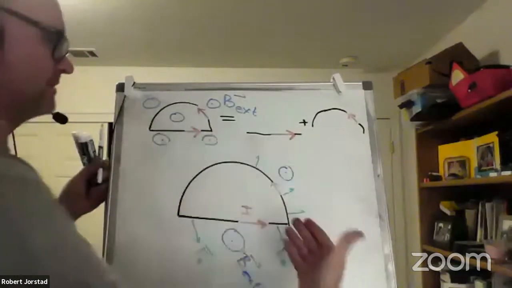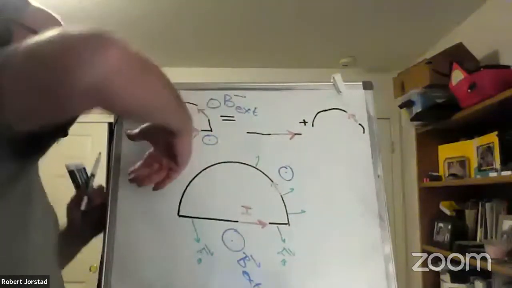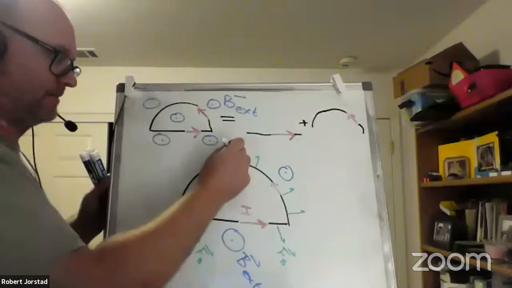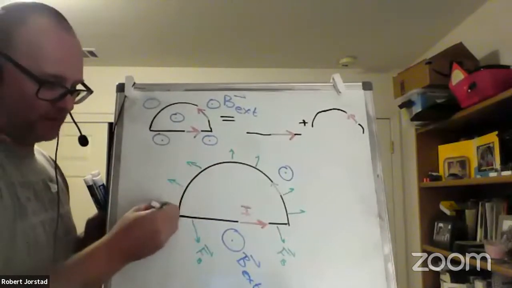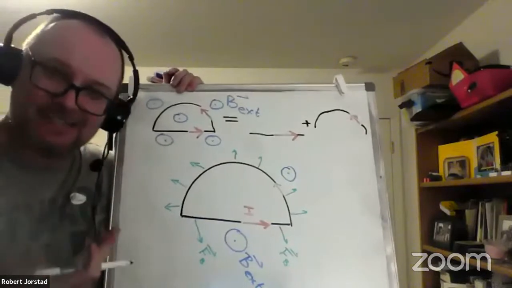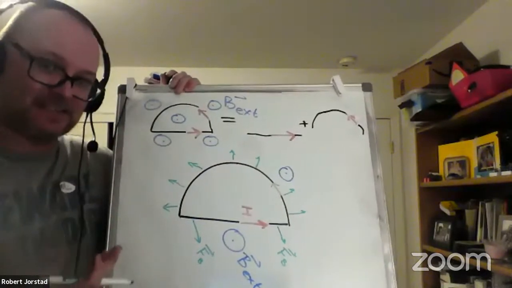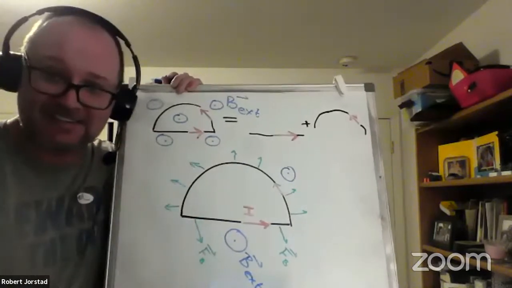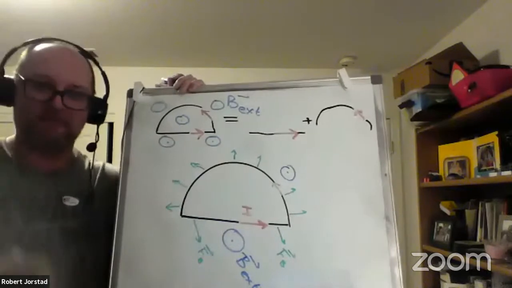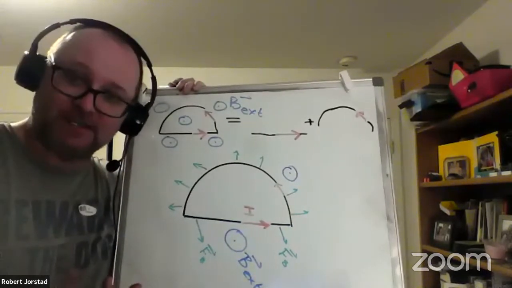Hopefully I did that right. And what we see here is this loop has no net force, but it is under tension. So in this case, the magnetic force would try to make the loop grow in size. Isn't that weird? This would not be very good for causing a DC motor.